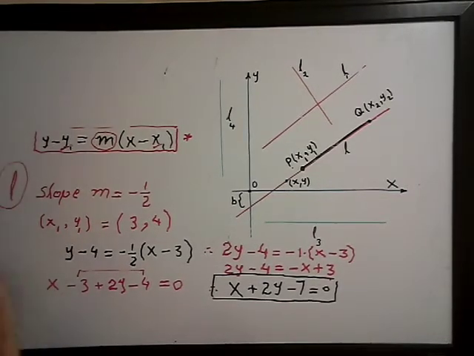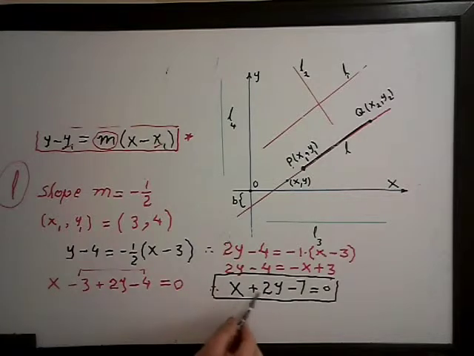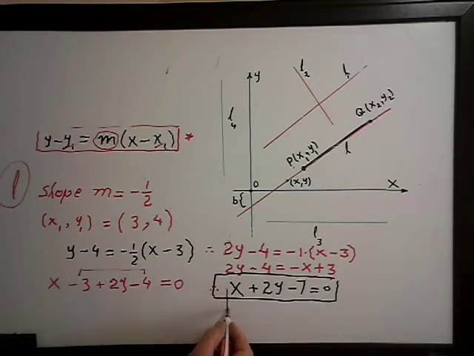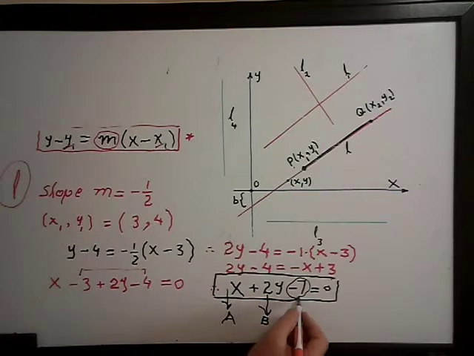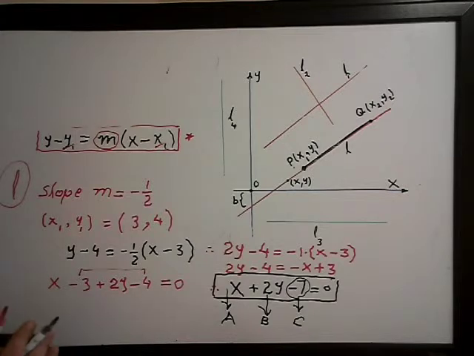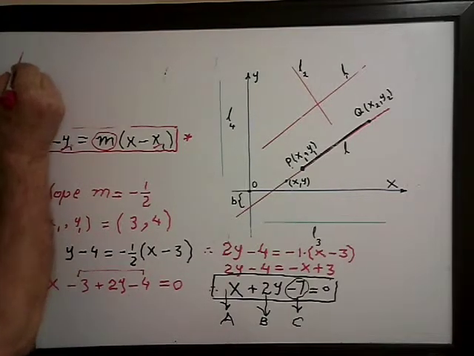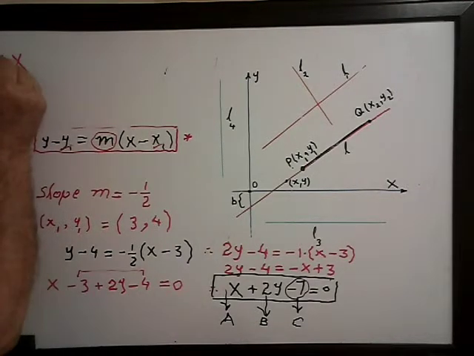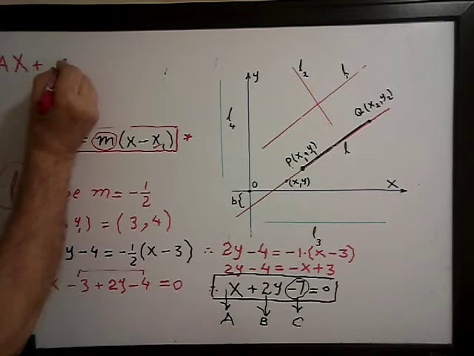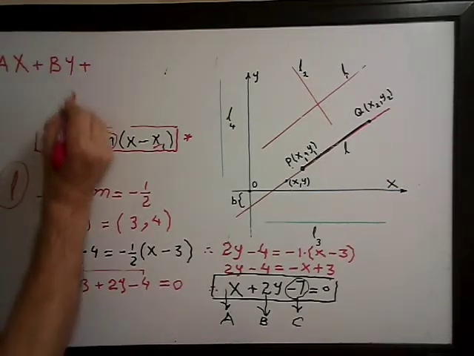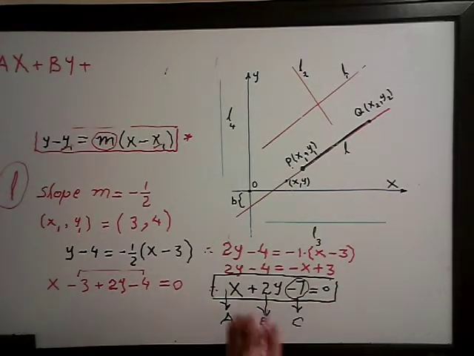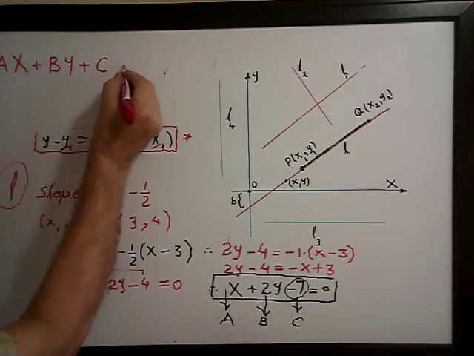If we replace the numbers here, the coefficient of each variable, here by A, here by B, and here by C. So we can go to the general form as x, its coefficient is A, and y, its coefficient is B, and the free number without x and y is C, is equal to 0.